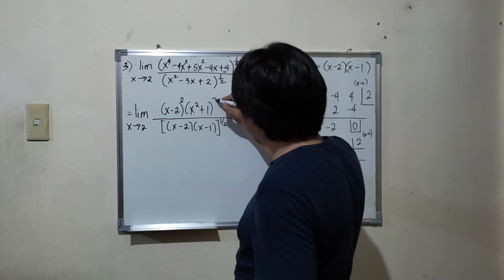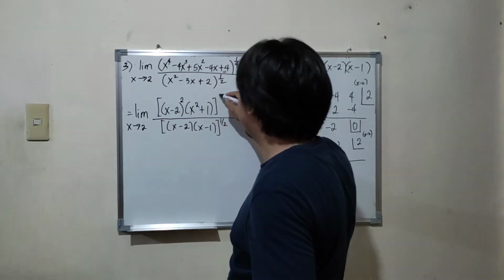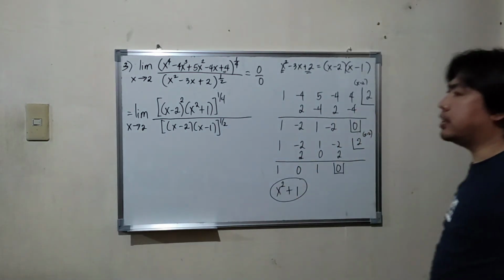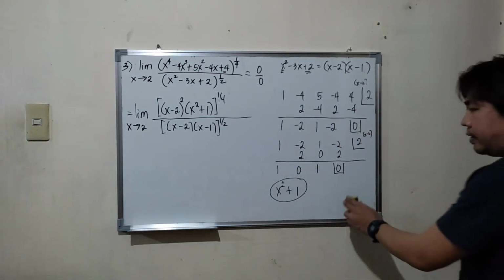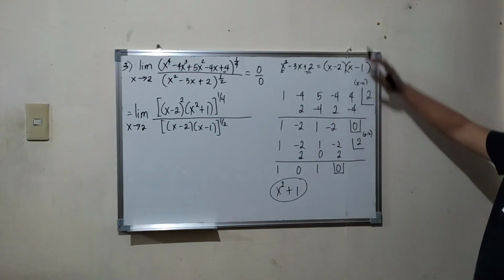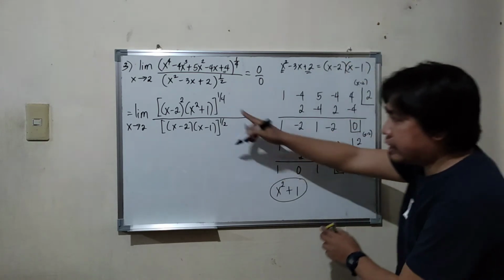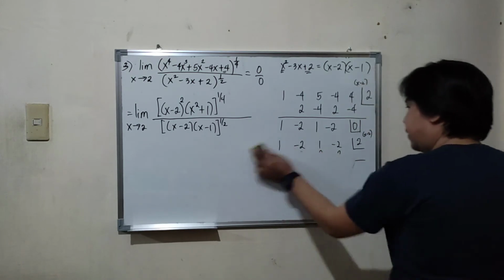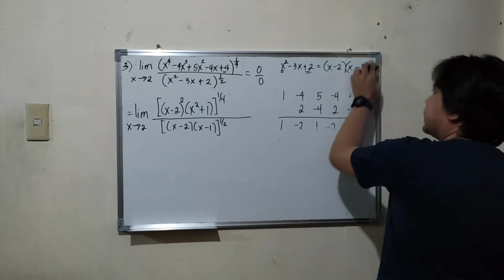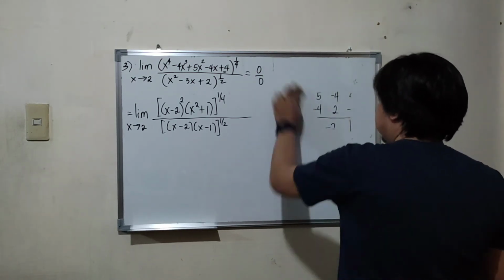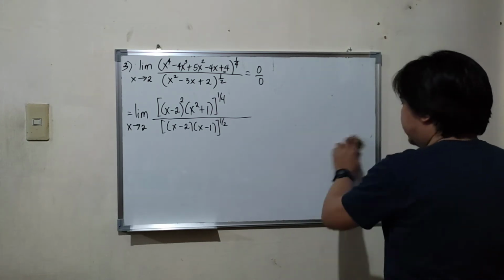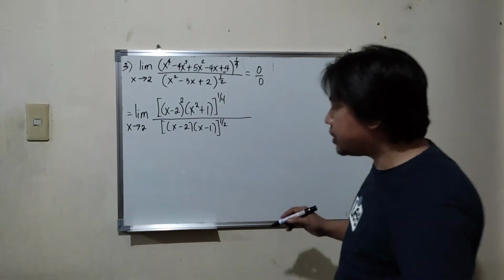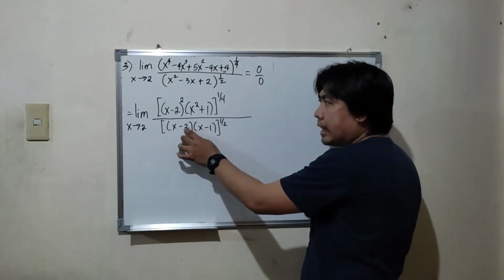Raised to 1/4. Ayan, may 1/4 pa. Okay, may 1/4 pa tayo dyan. Okay, so burahin na muna natin ito. So isi-simplify natin ngayon yan. May maka-cancel kasi. Okay, simplify na natin. Okay, so to simplify, parehas siyang x minus 2 and x minus 2.